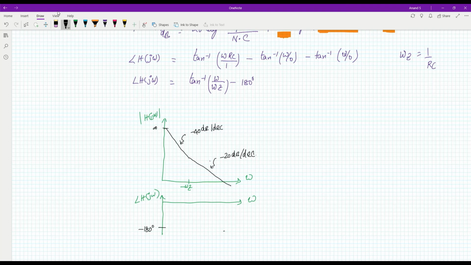So minus 180 degrees plus 45 degrees results in minus 135 degrees. So at omega z the value will be minus 135 degrees, somewhere here, and then the curve goes like this. As omega goes to infinity, tan inverse of infinity is 90 degrees, so at infinity the phase reaches minus 180 plus 90, which is minus 90 degrees.